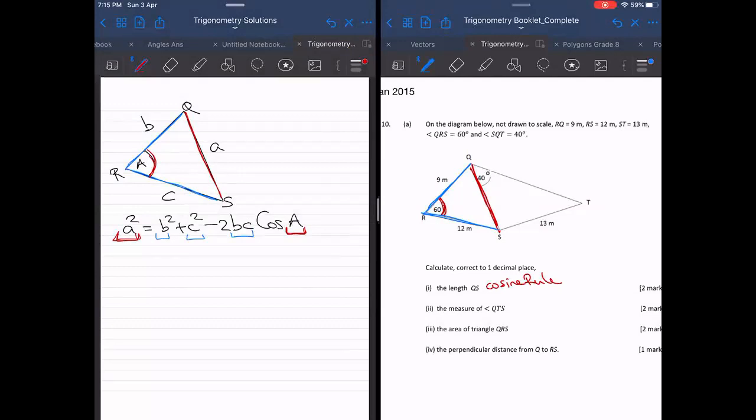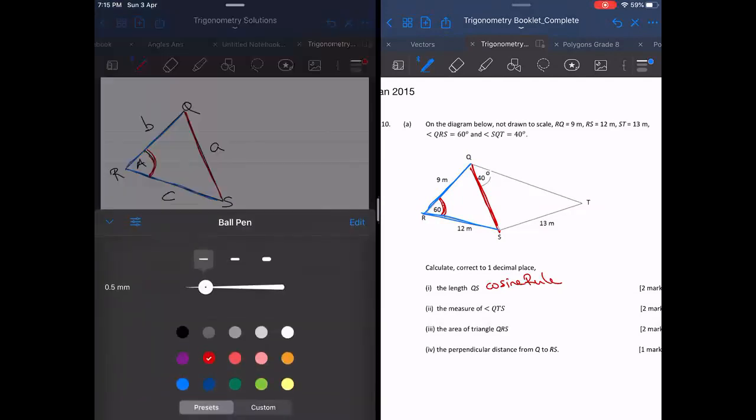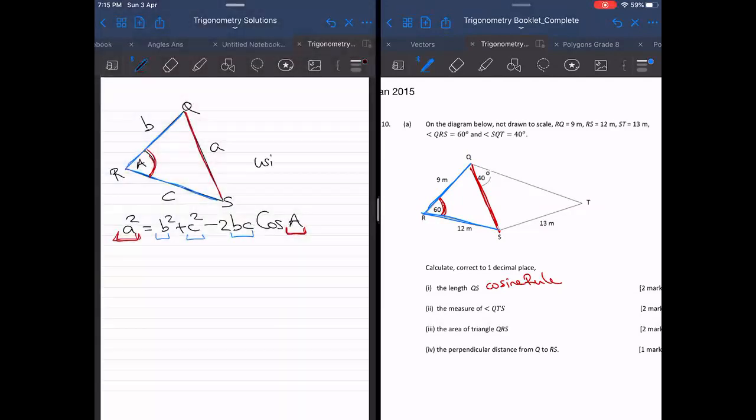So we're going to use the cosine rule. Okay, part one, using the cosine rule to find QS.